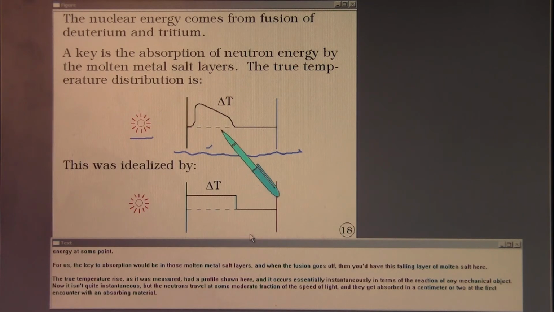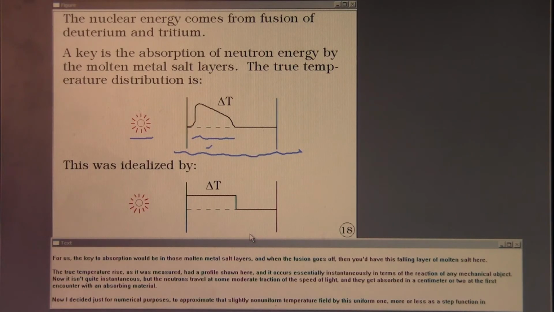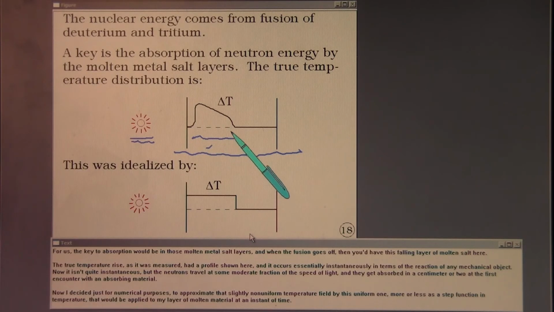The true temperature rise, as it was measured, had a profile shown here, and it occurs essentially instantaneously in terms of the reaction of any mechanical object. Now, it isn't quite instantaneous, but the neutrons travel at some moderate fraction of the speed of light, and they get absorbed in a centimeter or two at the first encounter with an absorbing material.